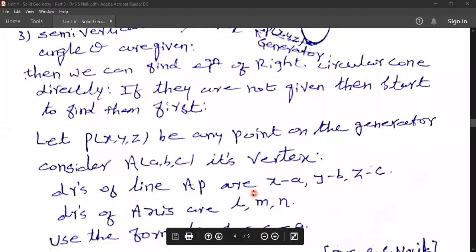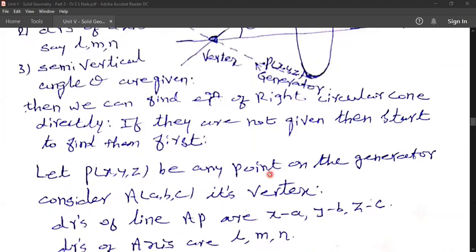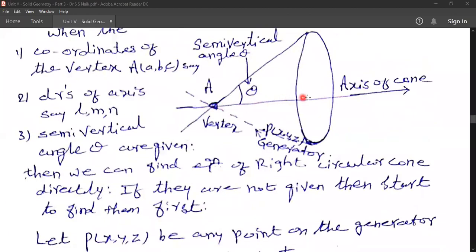A is the vertex, P is any point on the generator, and the corresponding direction ratios of that line AP are x minus A, y minus B, z minus C. Then the direction ratios of the axis are LMN. So this is the axis, like the x-axis here in this case becomes the axis of the cone. So the direction ratios of this axis are LMN, and the direction ratios of this line AP are x minus A, y minus B, z minus C.